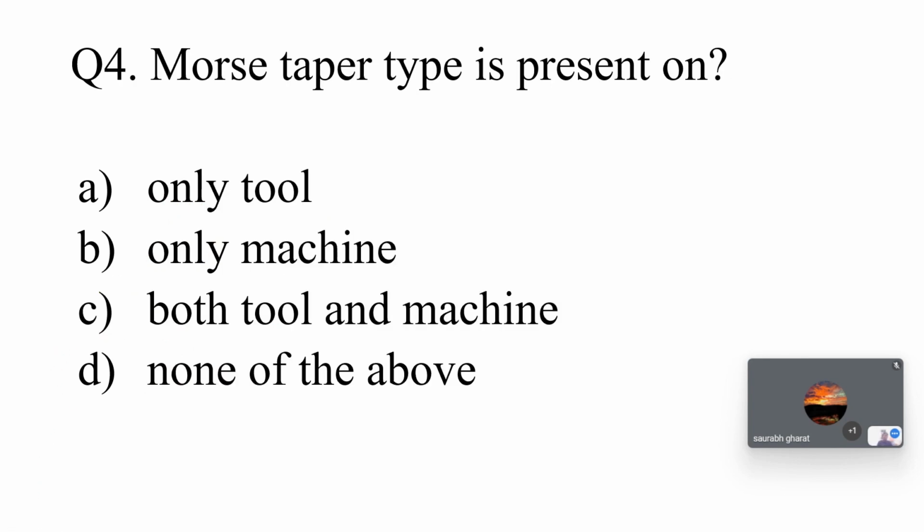This is the fourth question: the Morse taper is present on only the tool, only the machine, both, or none of the above.